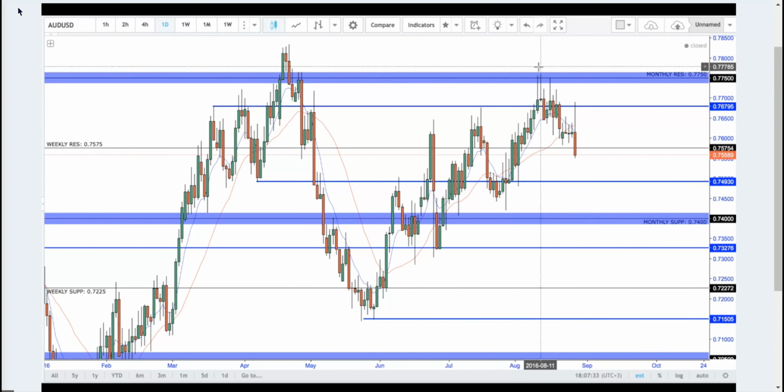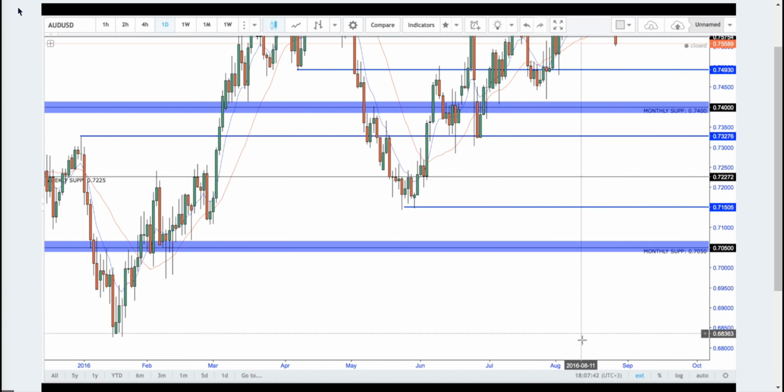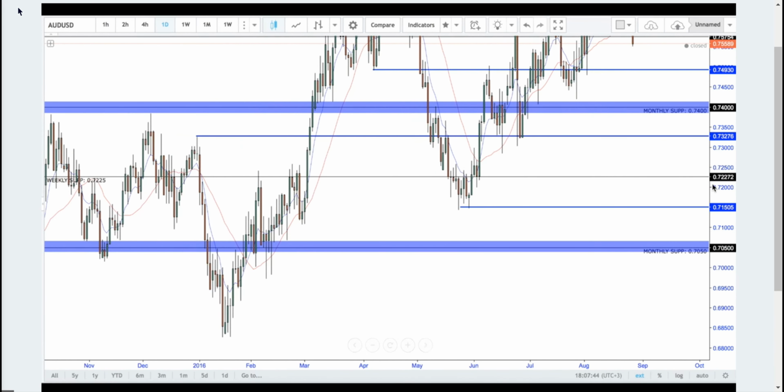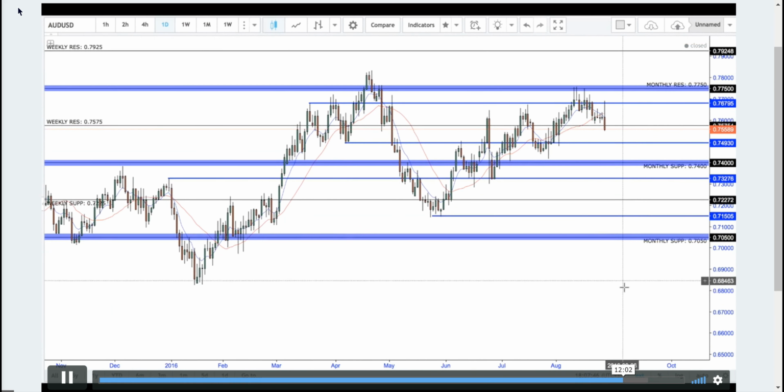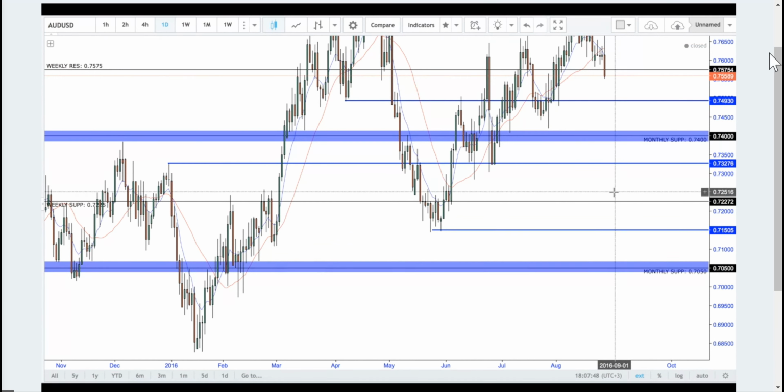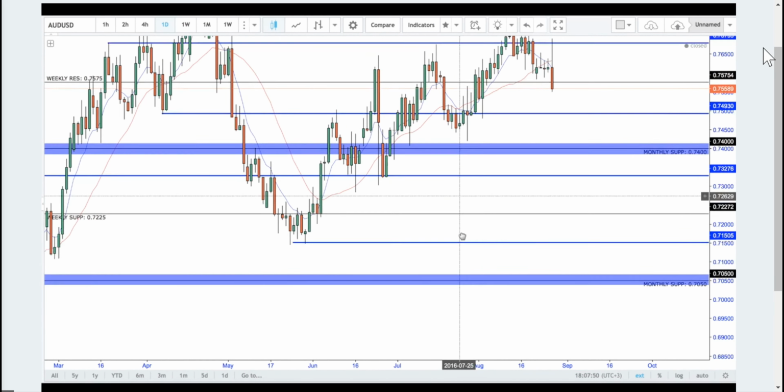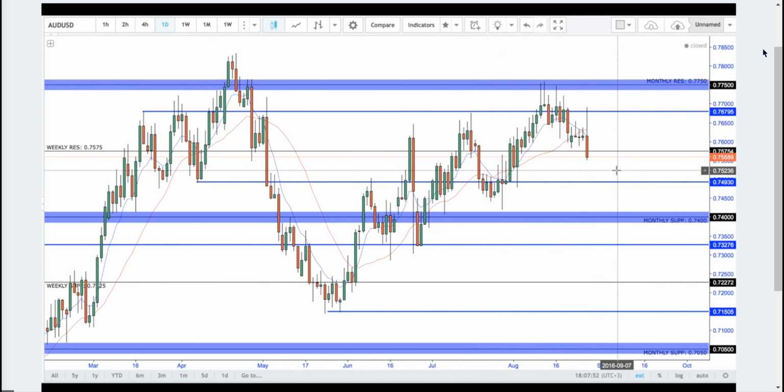So this could be a potential lower swing high now in comparison to the last one on the weekly time frame, so a new low could be formed. Aussie can come all the way down here. That's not to say we're going to sell and then hold it all the way down here. It's given us an insight and a medium-term bias as to where this currency pair could potentially go.